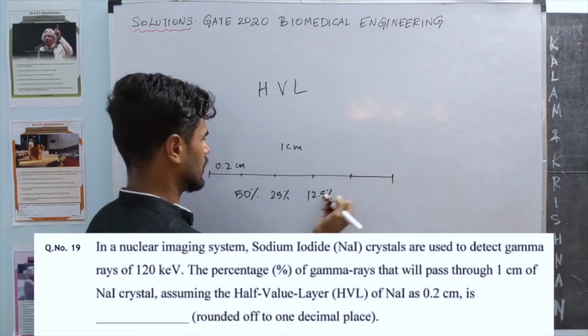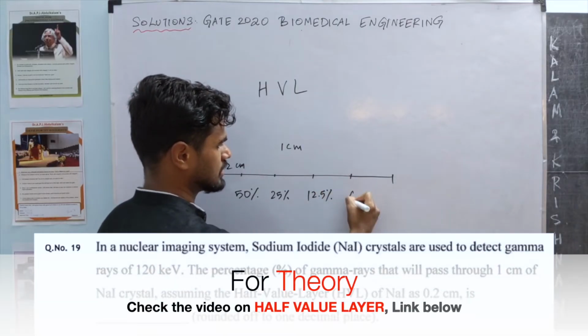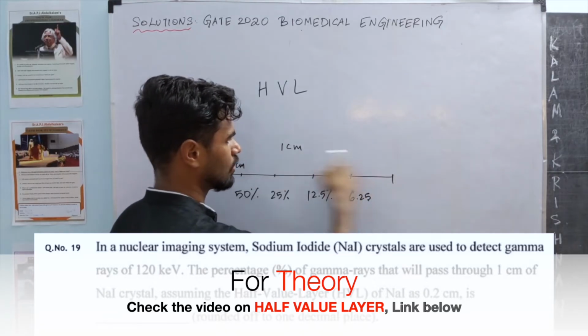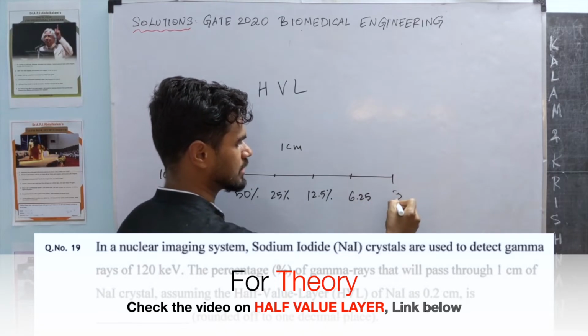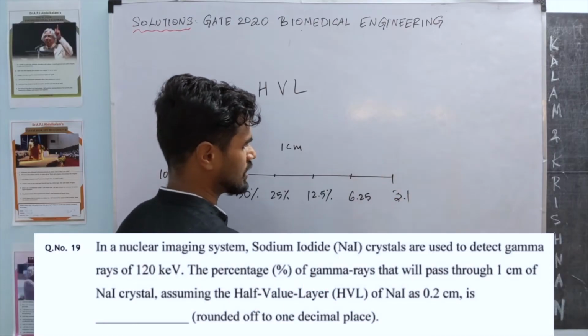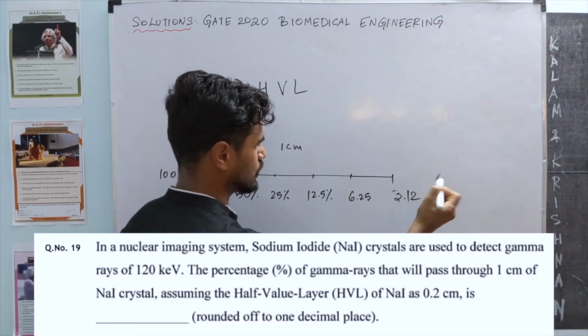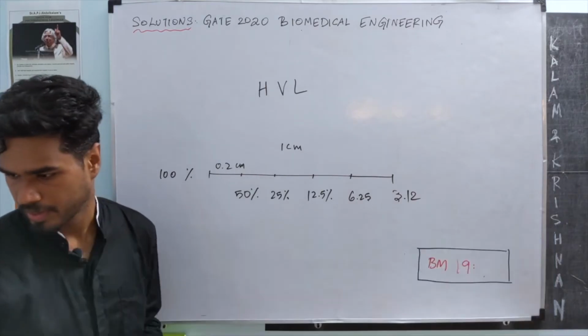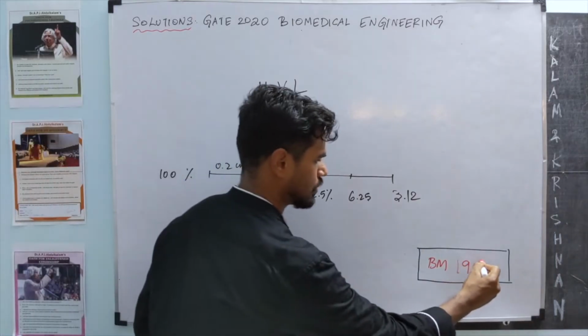Another 0.2 centimeters, it becomes 6.25%. And finally, the moment it crosses the whole 1 centimeter, it becomes 3.12 something. So the answer is pretty straightforward. I think it's 3.12.